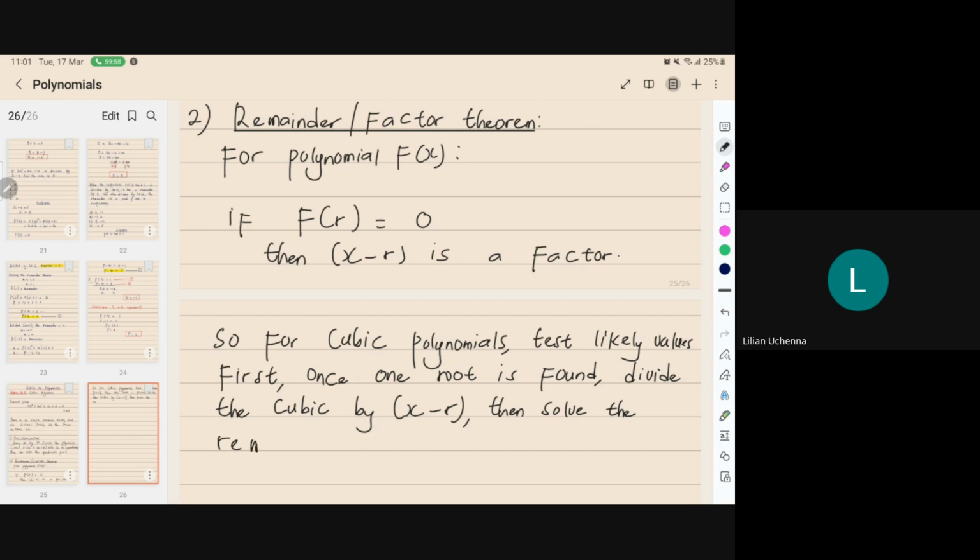Then solve the remaining quadratic. So let me solve an example, please. Let's solve an example.